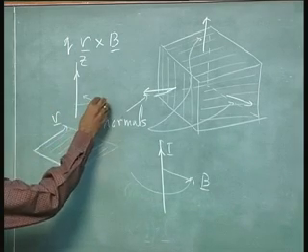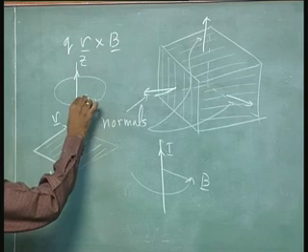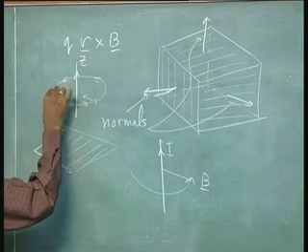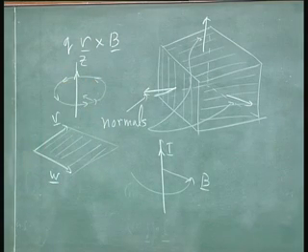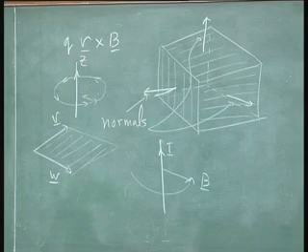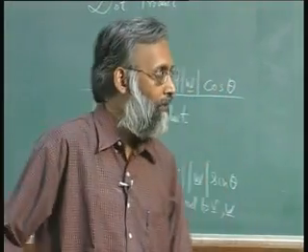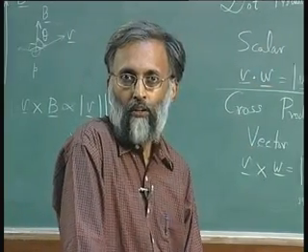So, what the proton does is it goes in a circle. I will come back to this next time, but this is basically one of the most common examples of the cross product.